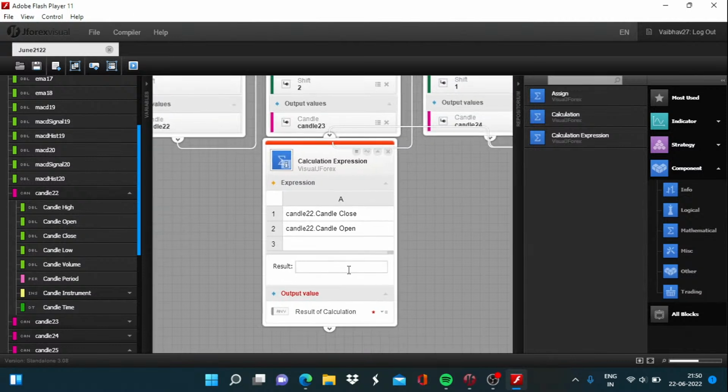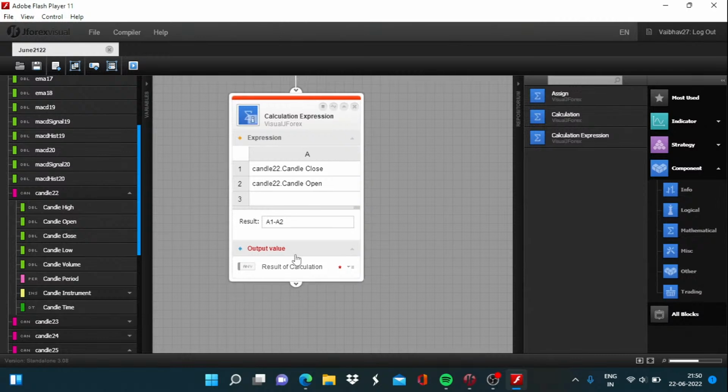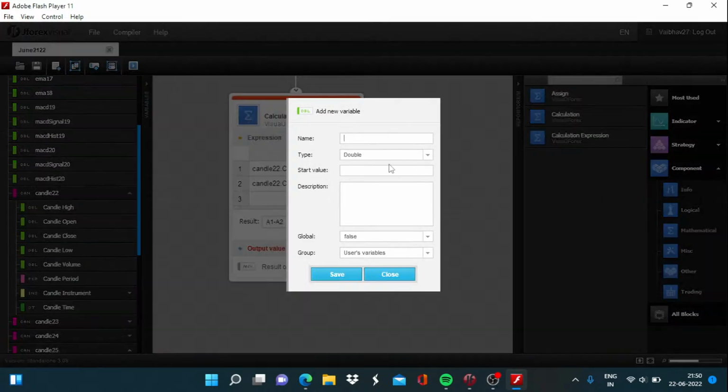So this will be A1 minus A2, by side closing difference.